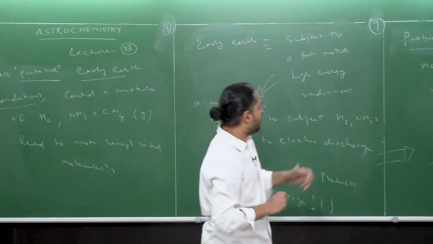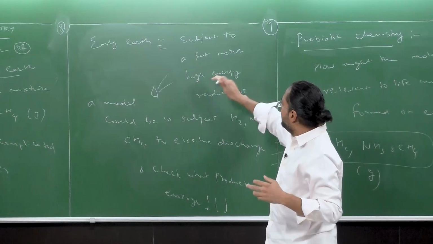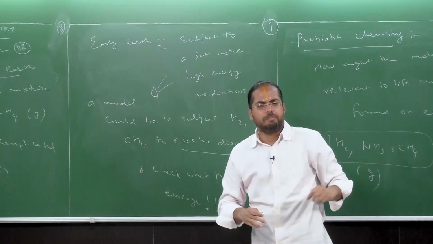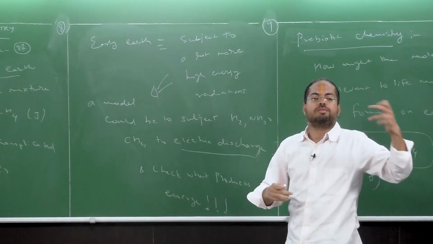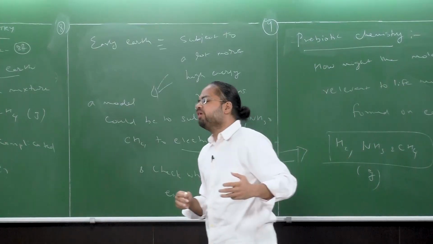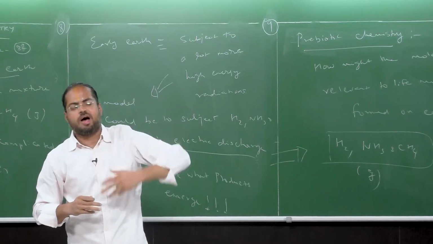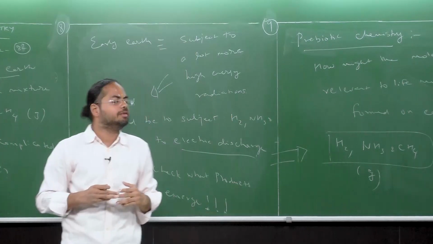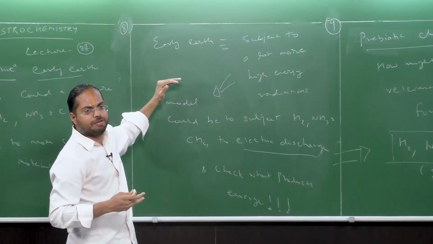So you assume that perhaps some intense electric discharge could be some kind of mimic of the proposed putative early Earth conditions, which were constantly bombarded by, let's say, cosmic rays, high energy radiations, gamma rays, X-rays, maybe, who knows. All these radiations. So this was their premise.